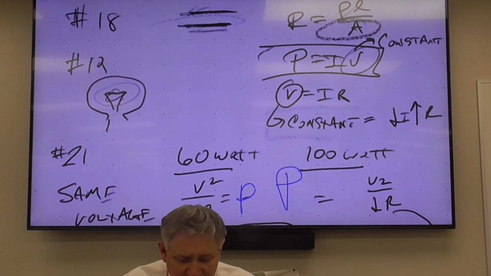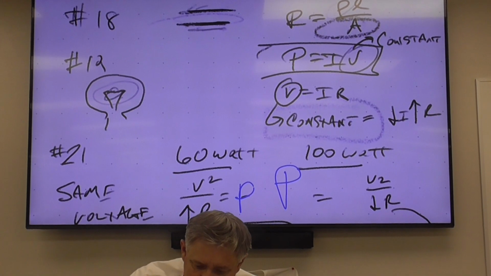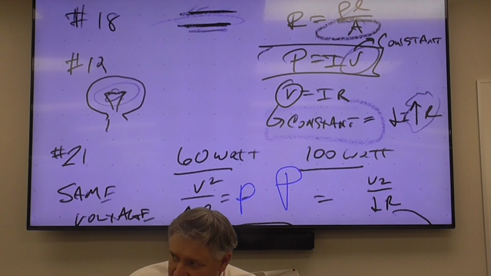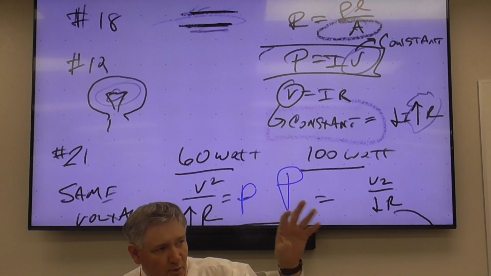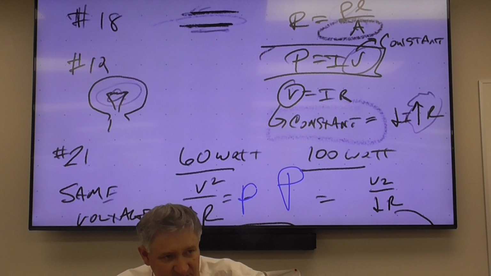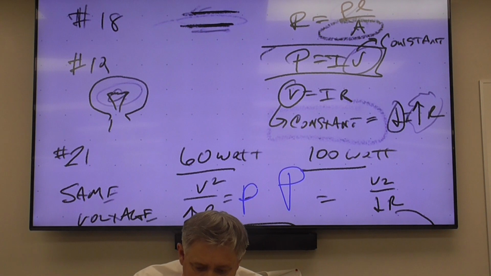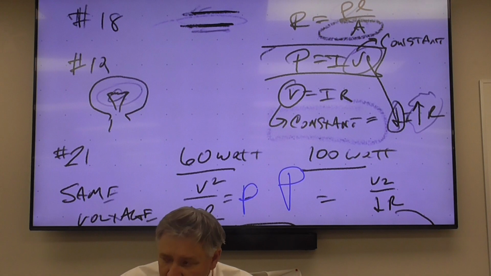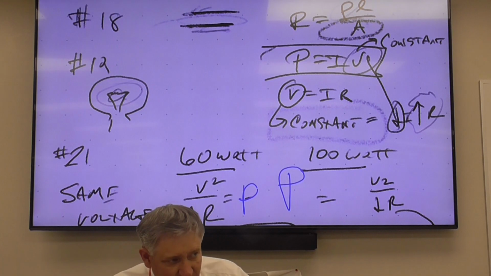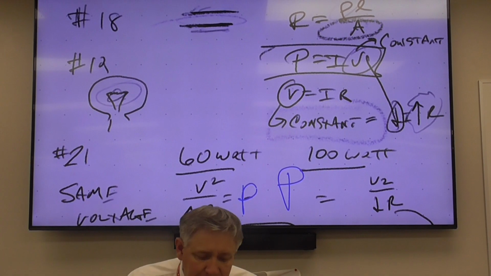If you have constant voltage, then as you boil that off, and this is why I said these build off of each other: on 18, you boil that off, the cross-sectional area becomes smaller, your resistance goes up, therefore your current goes down. So with the same constant voltage and a smaller current, you're going to reduce the power and it's not going to be as bright, okay? Does that make sense? Cool. All right.